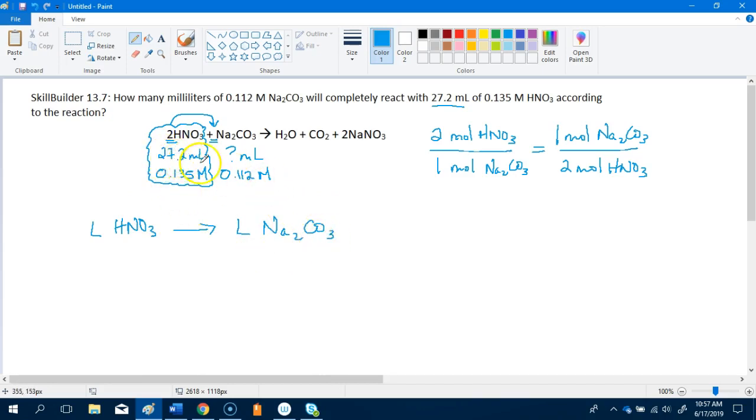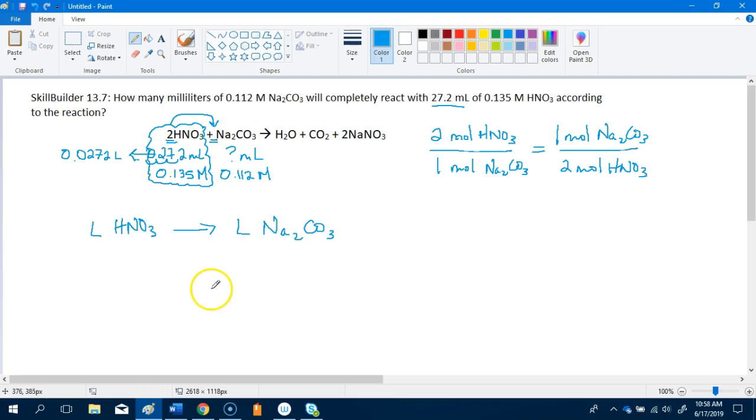Lastly, in my formula, we always use liters, so I have to convert 27.2 milliliters to liters. And to do that, I divide by 1,000, which is the same as moving my decimal place over 3 places. So 27.2 milliliters becomes 0.0272 liters of hydrogen nitrate. So I have to make sure I use that amount in my formula. When I go to answer, I'll then have to convert the liters of sodium carbonate back into milliliters in order to answer the question correctly.